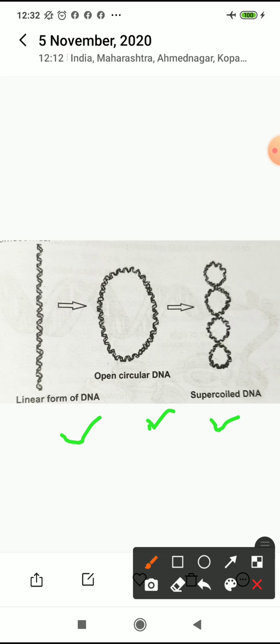And in doing so, while making coiling and supercoiling, or making the DNA compact, DNA is prevented from becoming an unmanageable tangle.